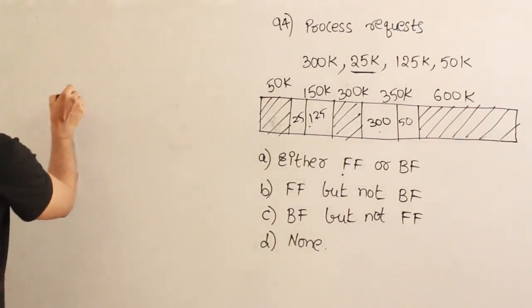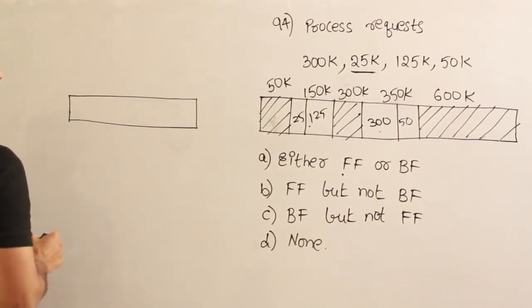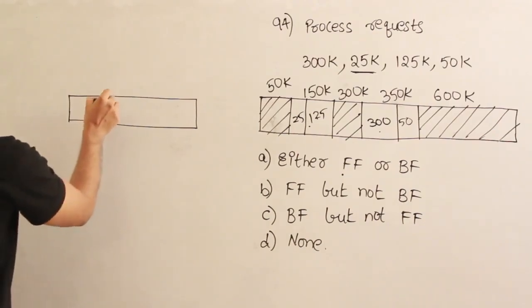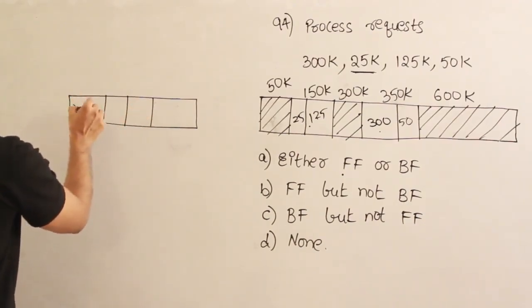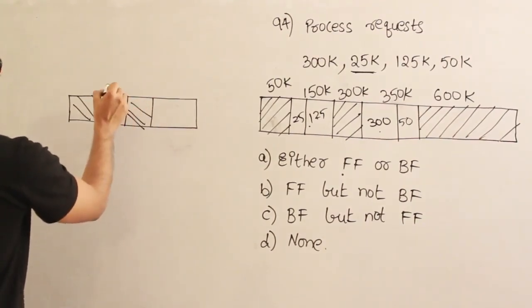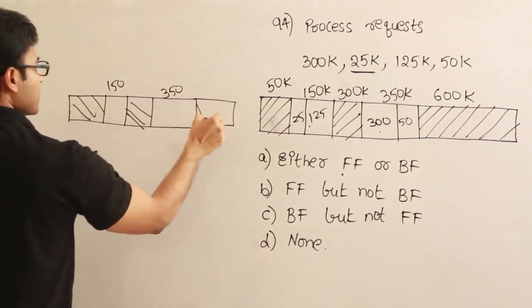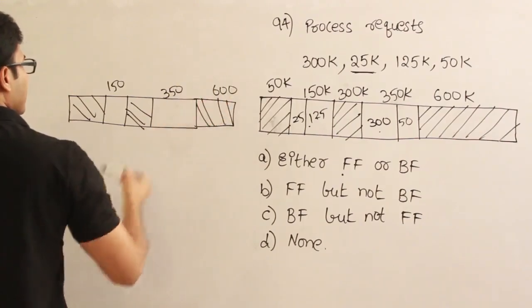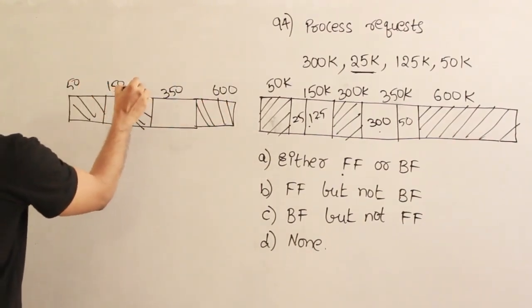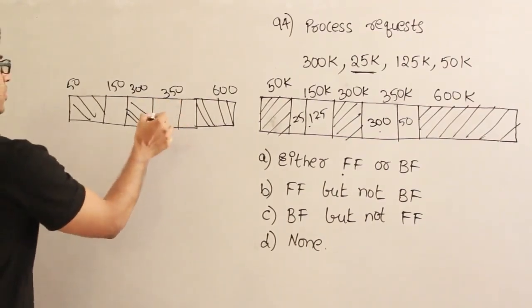Now let's see what happens using the best fit. It is 300, so 150 is remaining here and 350 is remaining here, and it is 600, right? Fine. So this is 50 and this is again 300. Now if we use the best fit, 300 will obviously go here, there is no other choice.